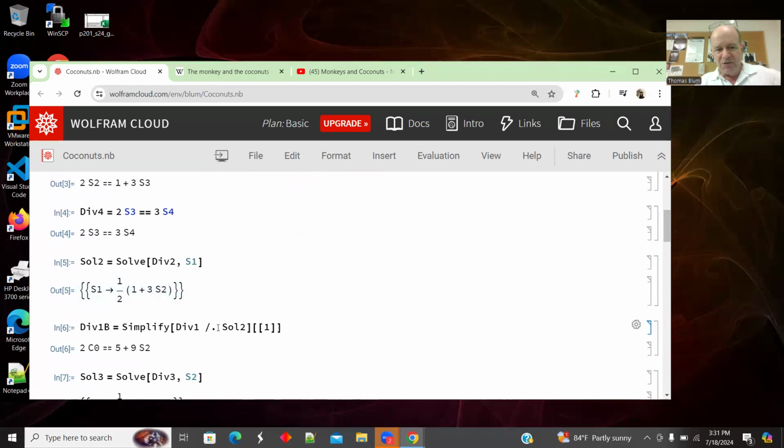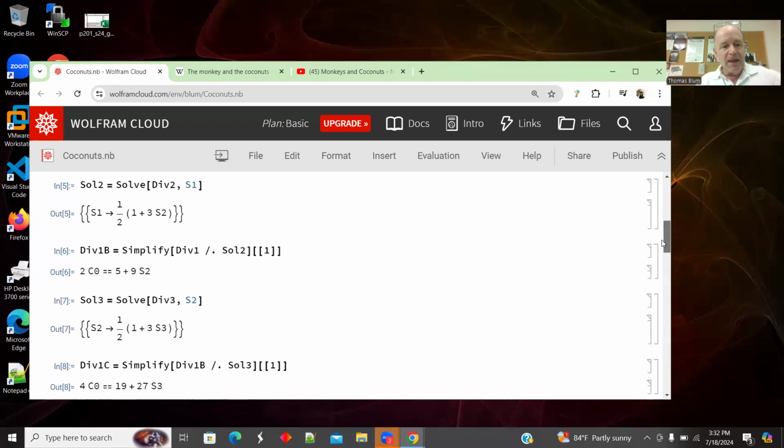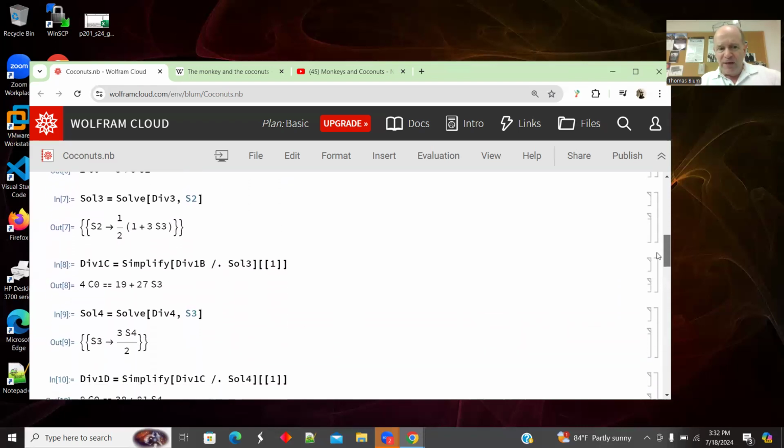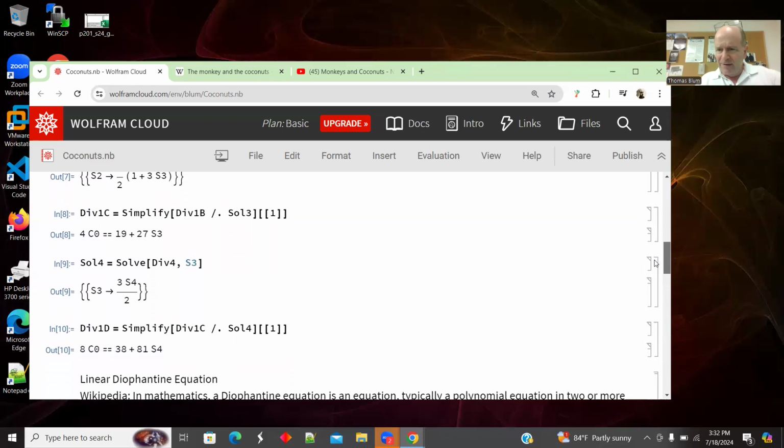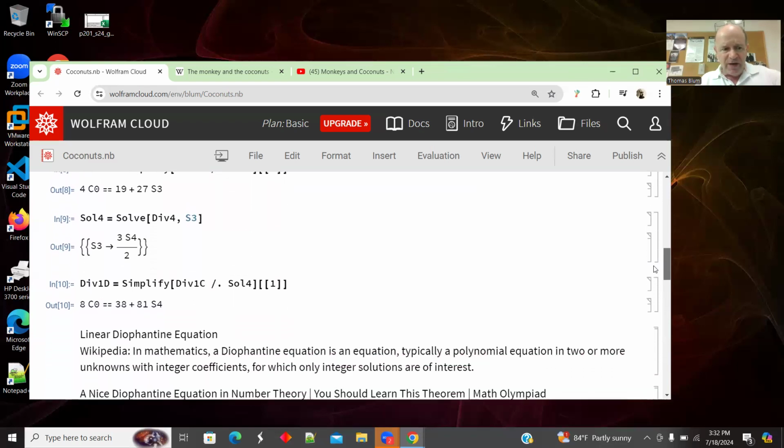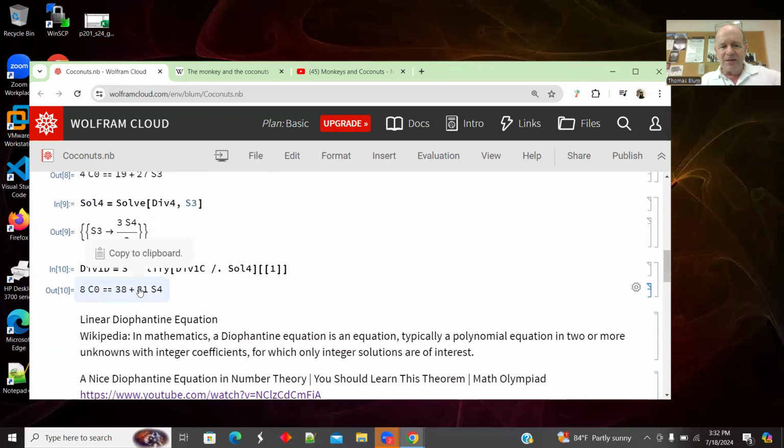Slash dot is the substitute. I'm using Simplify, and grabbing the contents, getting it out of the curly brackets. That's what the square bracket 1 is doing. I solved 3 equations and substituted them in sequence into the first equation. It got me this Diophantine equation.